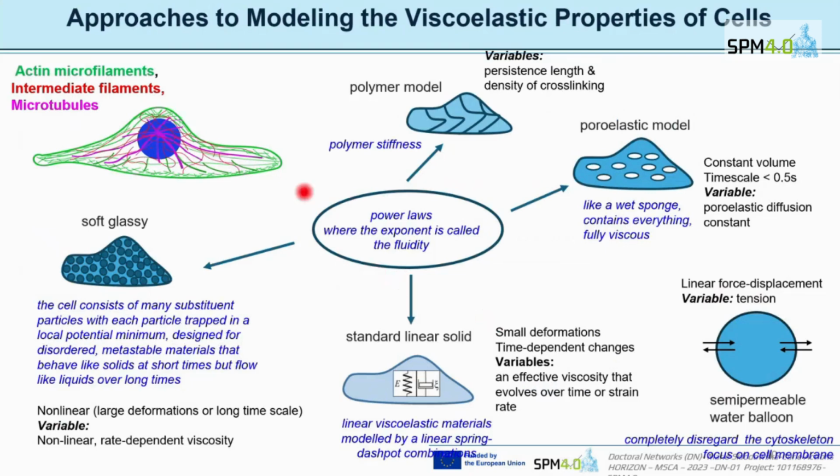So the viscoelastic properties of cells can be modeled in various ways. One of the popular models commonly used is a polymer model. So we imagine a cell filled with a mesh of cross-linked polymer chains. We can see this object as a poroelastic model. So we have a kind of a wet sponge, where everything inside is fully viscous and fluid.